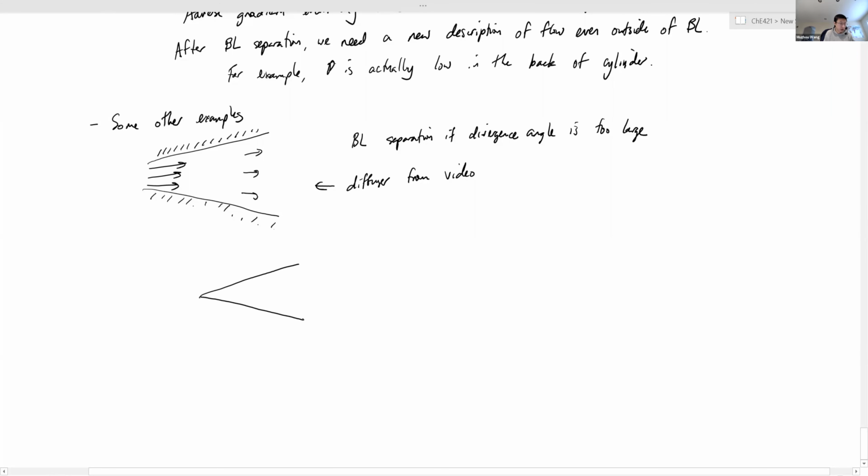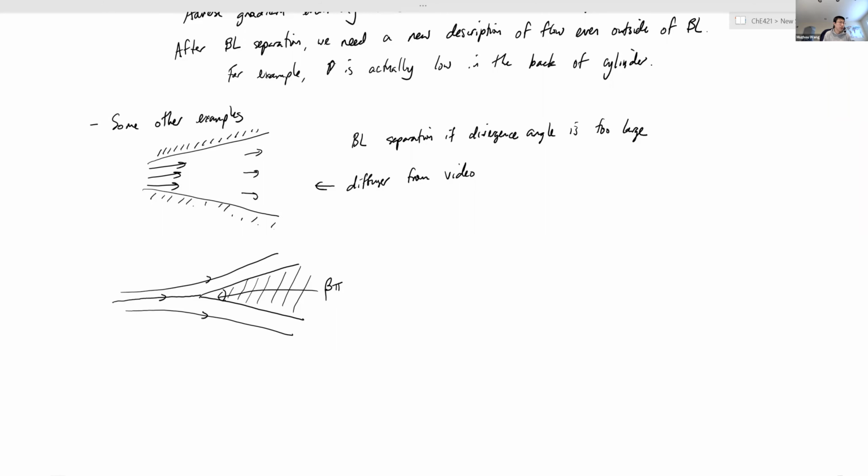this is a more general case where you have flow past a wedge. Okay. If this angle, this wedge angle right here, we can call this beta pi. Then we can actually solve for the flow profile in the inviscid case exactly. You can use complex analysis, for instance. So let me just title this flow past a wedge.